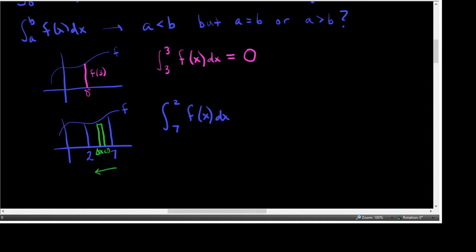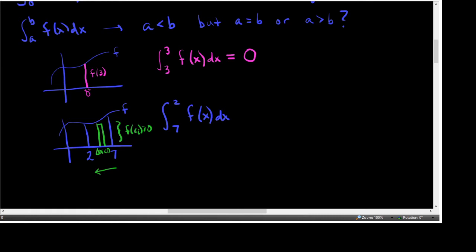And if f of c sub i is positive, then the product will be a negative value. So you'll be adding up a bunch of negative values of these rectangular areas, so to speak. And of course, the sum of a bunch of negative numbers will be negative.